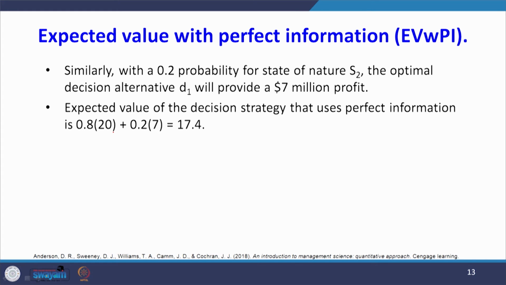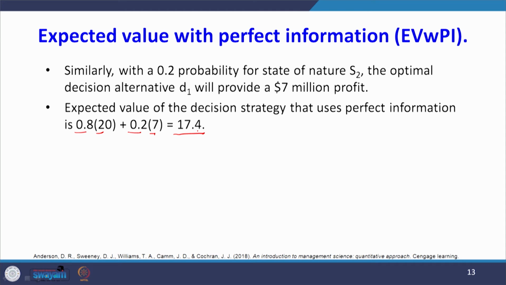Similarly, with a 0.2 probability for state of nature S2, the optimal decision alternative D1 will provide a 7 million profit. So, the expected value of the decision strategy that uses the perfect information is multiplying 0.8 into 20 and 0.2 into 7, it is 17.4.